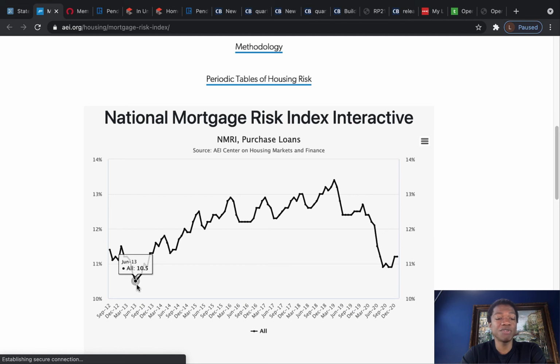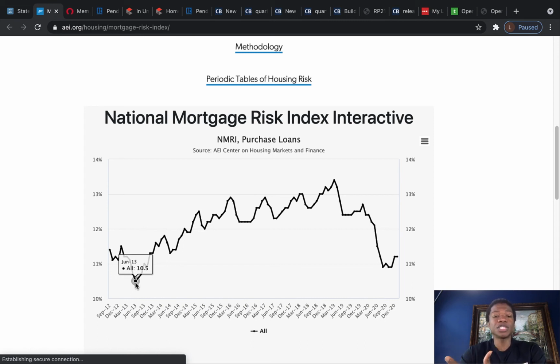And so 10.5% low. Right now we're at 11.2, so that's about 70 basis points. And what we mean by basis point, 1 basis point is 1/100th of 1%. And so we're up 70 basis points here. So we're not real far from the low point in terms of mortgage risk.